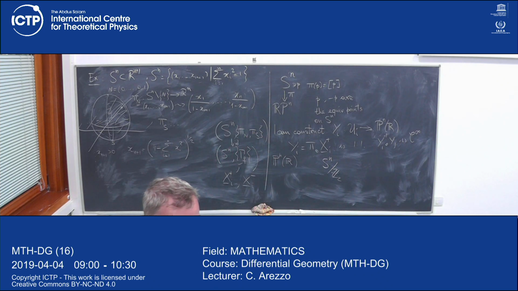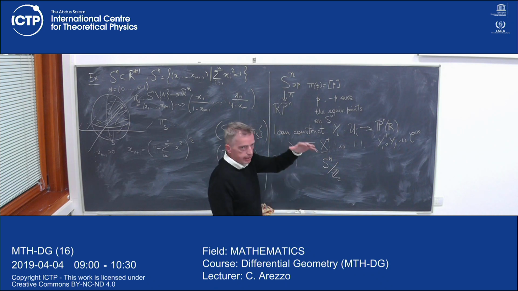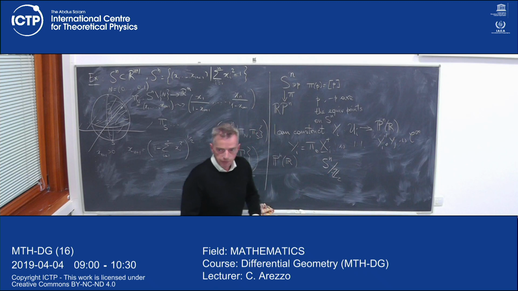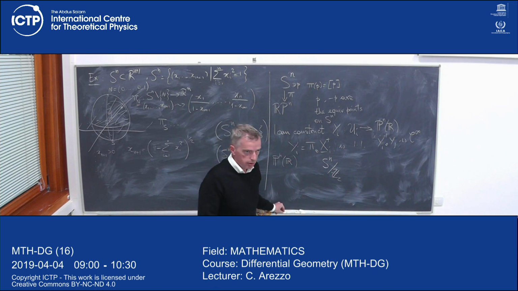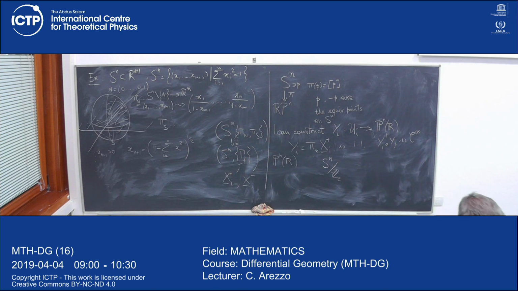So it's important to understand how to give a nice structure to the quotient. And this is the prototype situation. Of course, you cannot hope for anything better than this: charts that are not interfering with the group structure and so on. We will see how this develops.